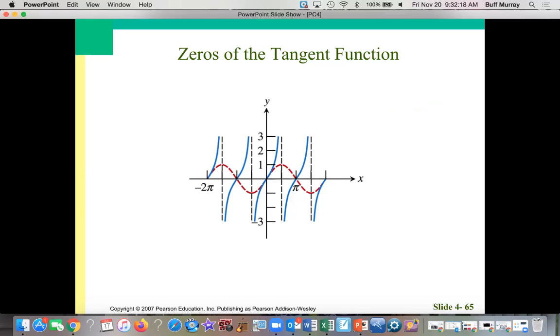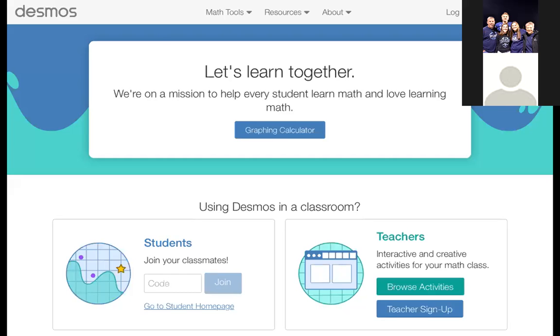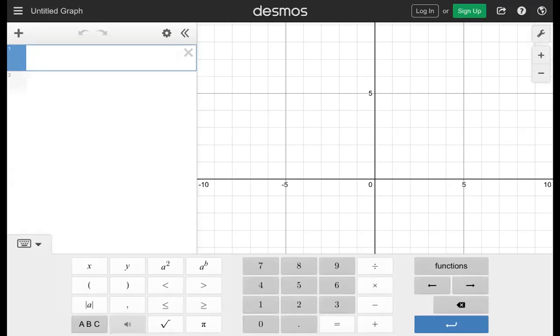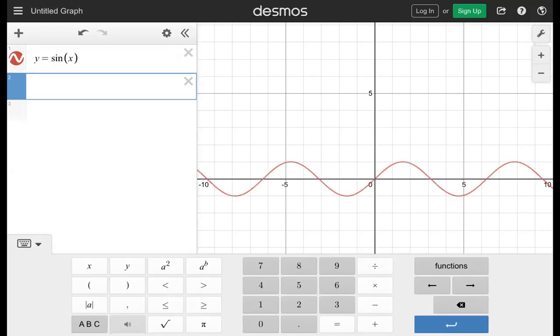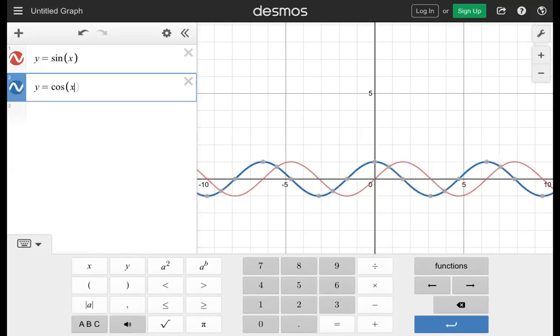And we can actually, oops, give me a second here. We can actually graph all three of those. I figured out the problem with Desmos yesterday. I had to put www in front of it. If I wanted to look at all three of those, y equals sine x, y equals cosine x, and once again, this is in radians.